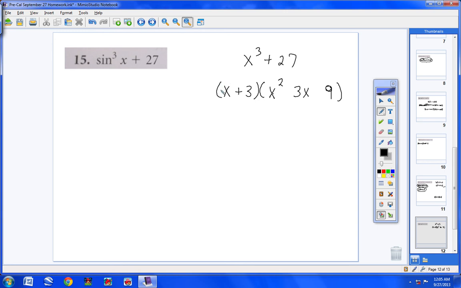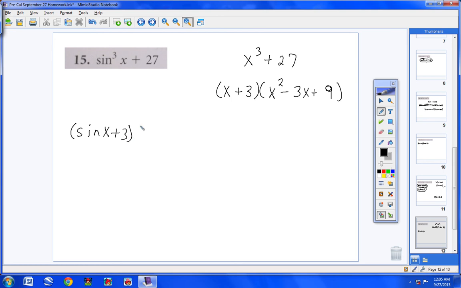Next would be your sign sequence. Whenever this is positive right here, then your sign sequence over here goes positive, negative, positive. Now, you've factored, and that's good. Let's go ahead and put sine in now. So for x plus 3, it should be sine x plus 3.